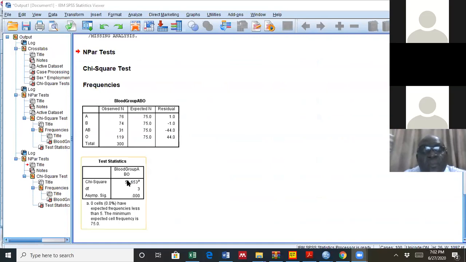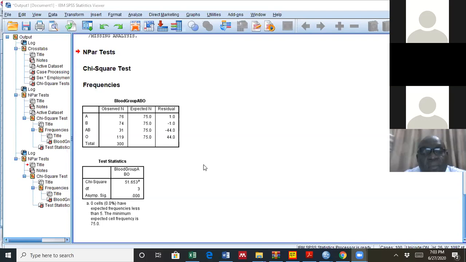Can you see that it's different? Because it tells you the sample size is 300. If you say all of them are equal, there are 4 categories, each of them should be 25, 25, 25, 25%. And 25% of 300 is 75, 75, 75, 75.